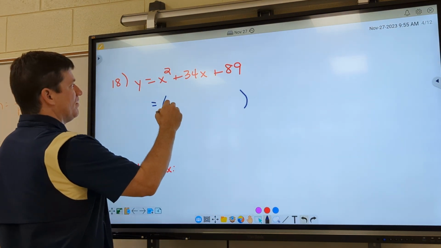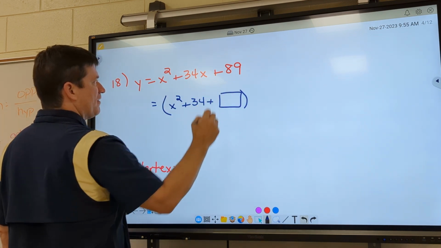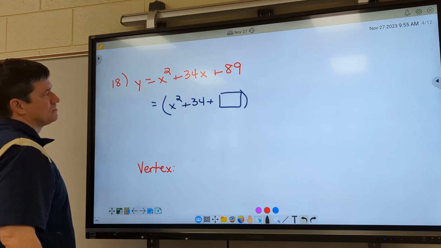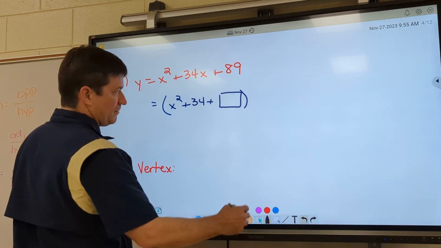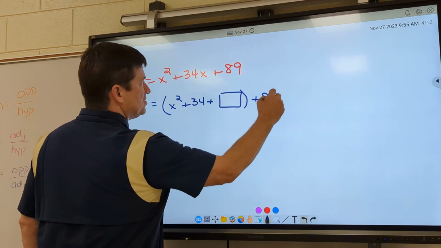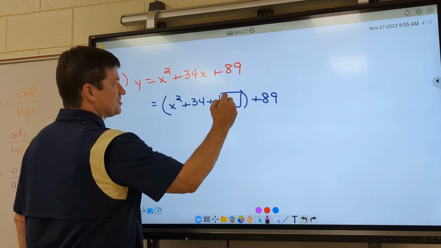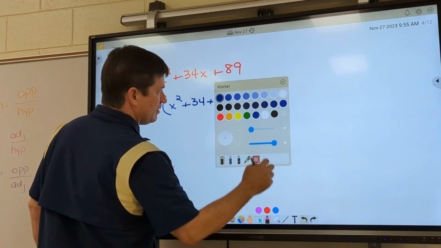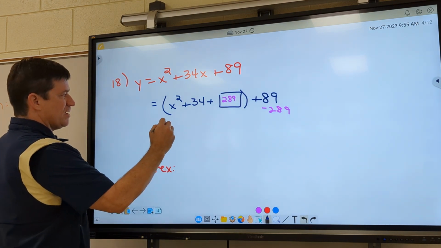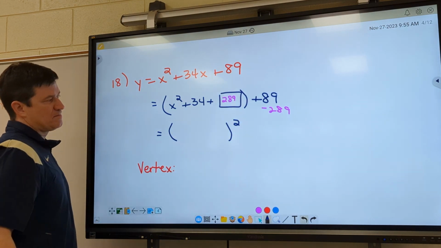All right, so I got my x squared plus 34x. Alicia, how do I figure out what goes in the box? You would have half of 34, which is 17, squared, which is 289. So I got plus 289 there, and minus 289 here. All right, last step. Alicia, what goes inside the parentheses?